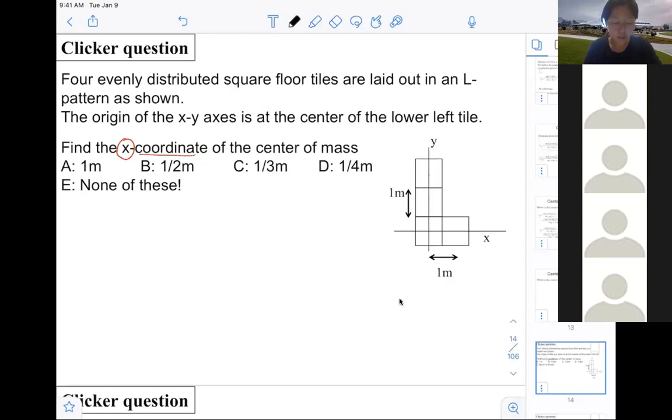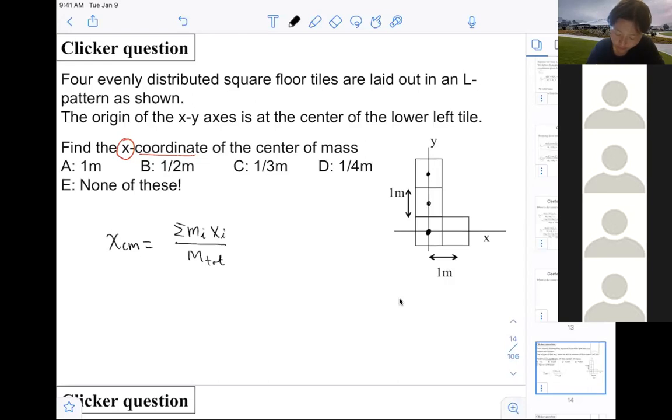So how did you all deal with this complicated shape? What I did is I just got all the x coordinates. Because we were only finding the x coordinate for the 3 vertical ones, their x coordinate for the center of mass ended up being 0 for all 3 of them.